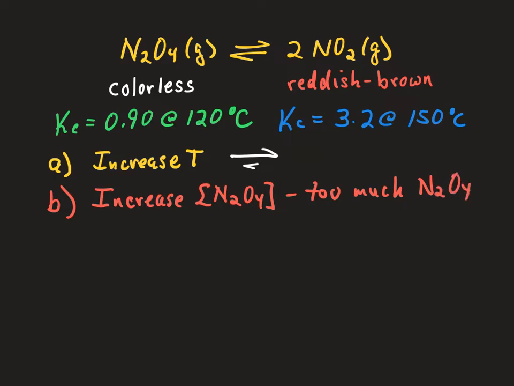And so the system will react to reduce the amount of dinitrogen tetroxide. We will use up some dinitrogen tetroxide, which will make more nitrogen dioxide. That change will shift our equilibrium to the right to use up the extra dinitrogen tetroxide, which will force us to make more nitrogen dioxide to reach a new equilibrium position.